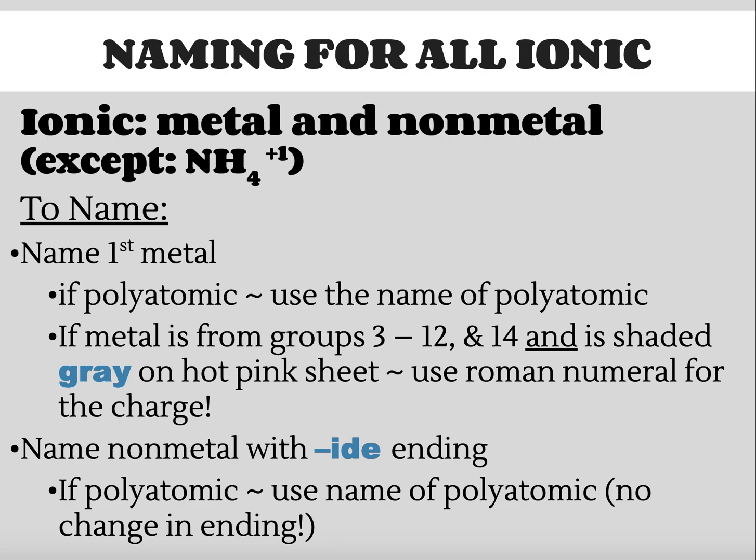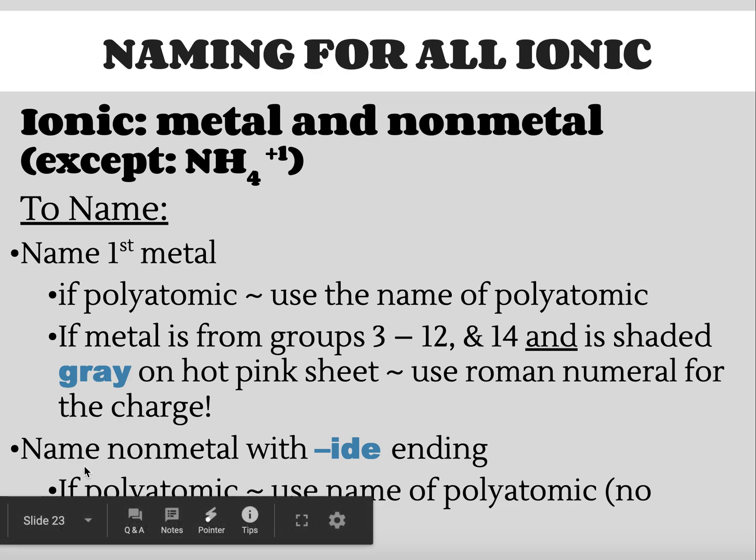Now, there are a couple of caveats. Like I said, if we have a polyatomic ion, it does change a little bit our protocol of how we name it. And it's namely here in the end. We always end in IDE unless it's a polyatomic.